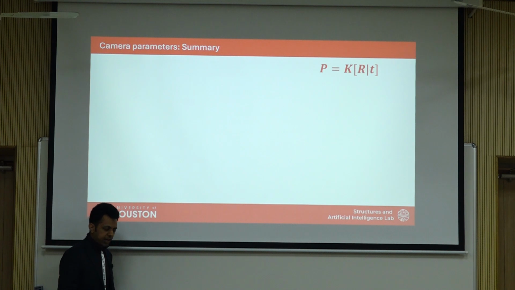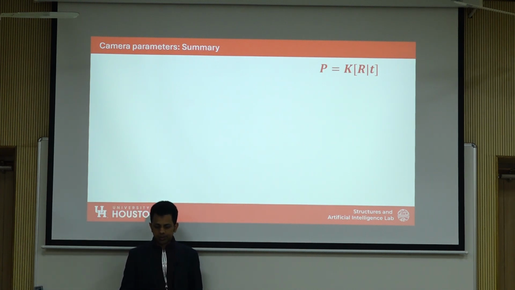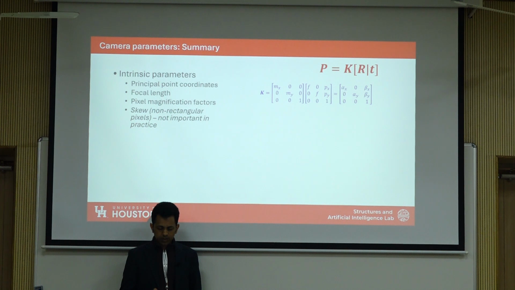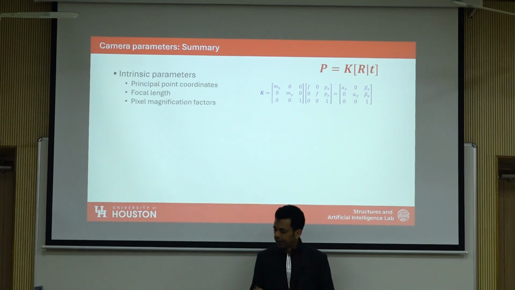So putting it all together, this is our camera projection matrix, where we have our intrinsic matrix and we have our extrinsic matrix. The intrinsic parameters include the scaling factors, the focal length, and principal points. And so that's for an ideal lens, but there are other factors as well.